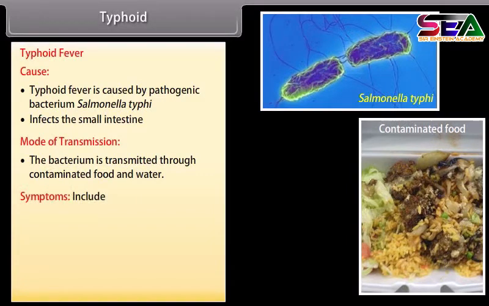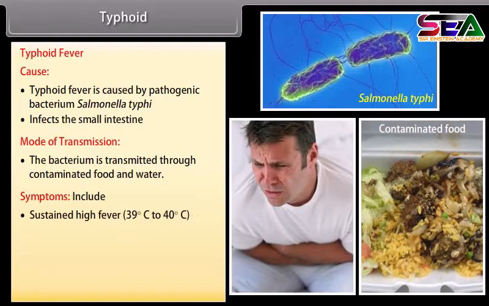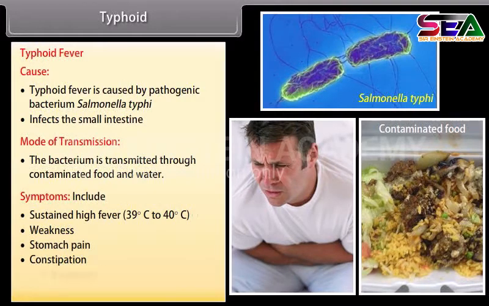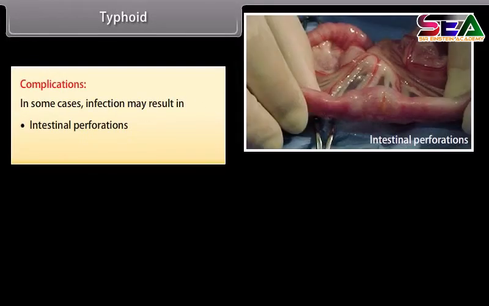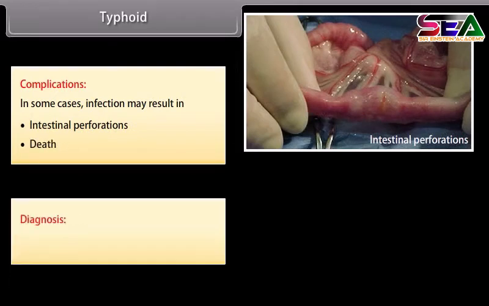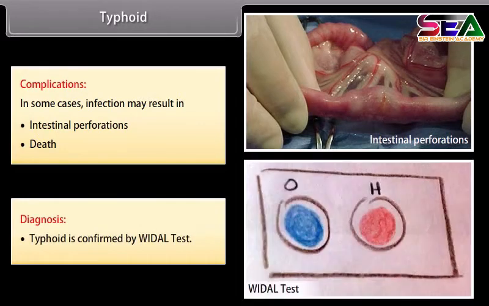Symptoms include sustained high fever, 39 degrees Celsius to 40 degrees Celsius, weakness, stomach pain, constipation, headache, and loss of appetite. Complications. In some cases, infection may result in intestinal perforations, death. Diagnosis. Typhoid is confirmed by Widal test.